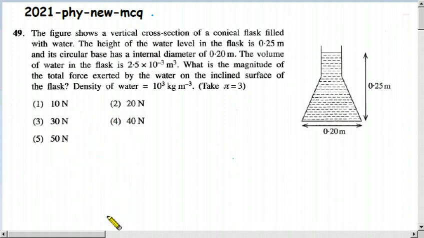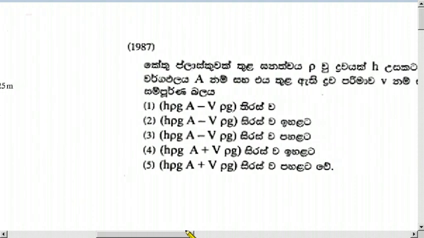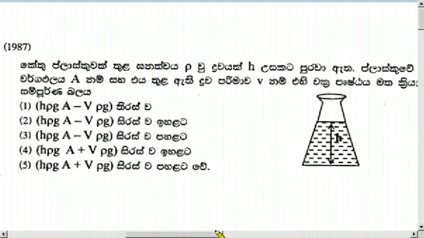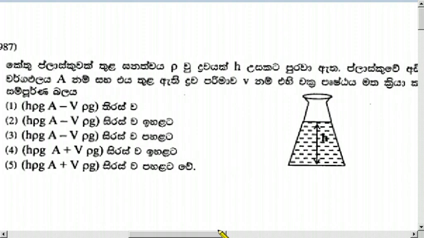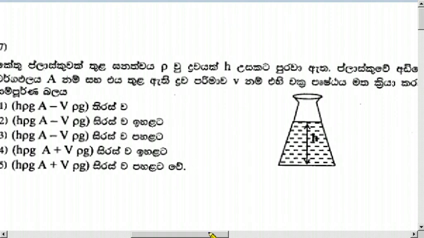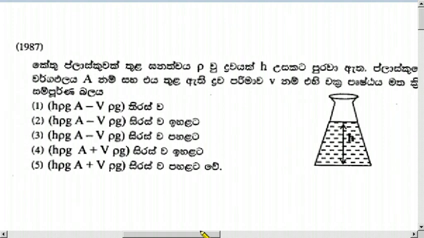So children, I remember we had the same type of question in 1987. You see, it is given using the symbols, not the number values. In those days we didn't have English medium papers, English medium exams, even English medium A-level classes, only Sinhala medium and Tamil medium.